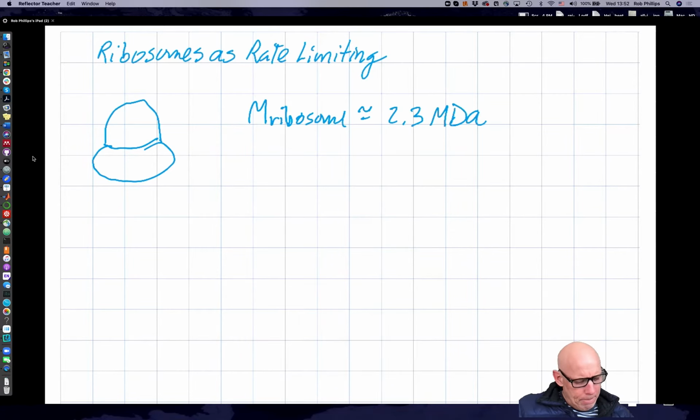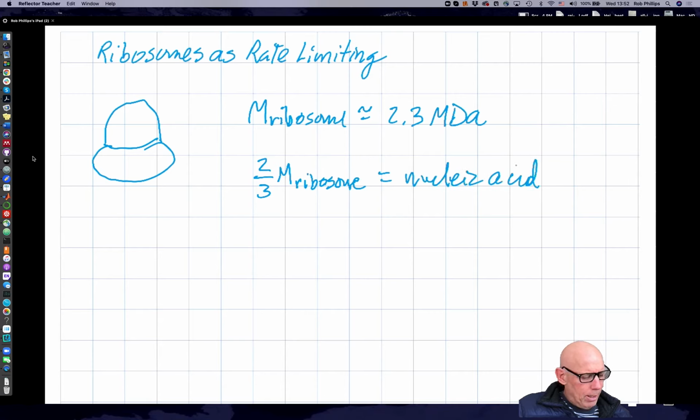So we also know that 2/3 of the mass of the ribosome is nucleic acid. So in other words, as we said in the vignette about transcription, there's a 2,900 base long RNA, and then there's two others, and then 1/3 of the mass of the ribosome is proteins.